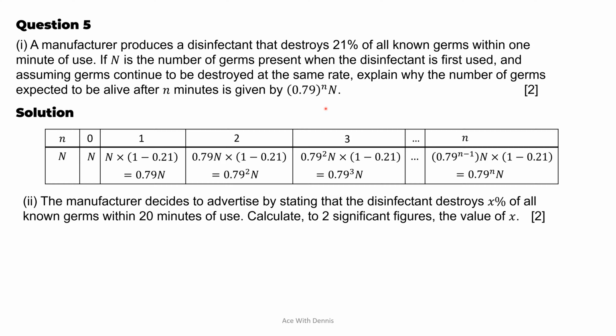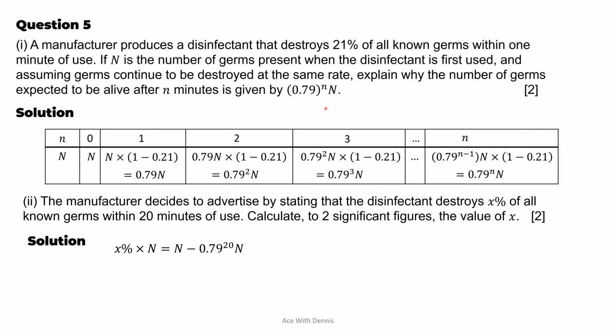Okay, part 2. The manufacturer decides to advertise by stating that the disinfectant destroys X% of all known germs within 20 minutes of use. Calculate to two significant figures the value of X, 2 marks. Here's the solution.